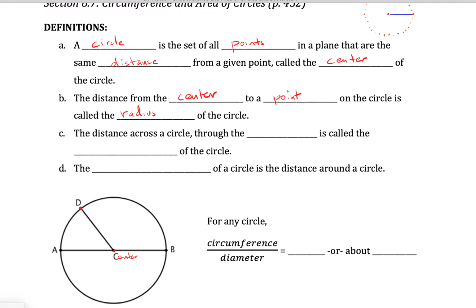And radius is usually just going to be represented with a lowercase r. So this is the radius of my circle that has a center at C.